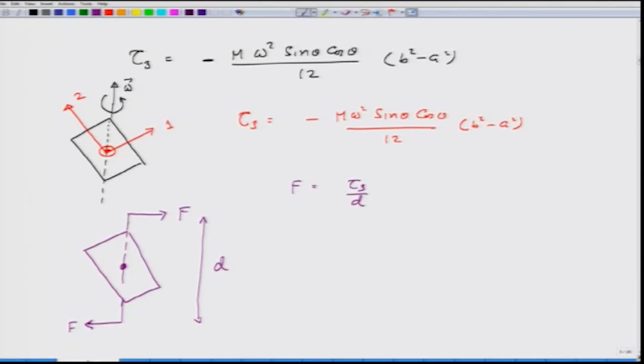Let us see if this result is also consistent with whatever way we have been solving the problem earlier. Earlier what we were doing is we were taking I 1 omega 1, I 2 omega 2, and calculating the horizontal component, right.